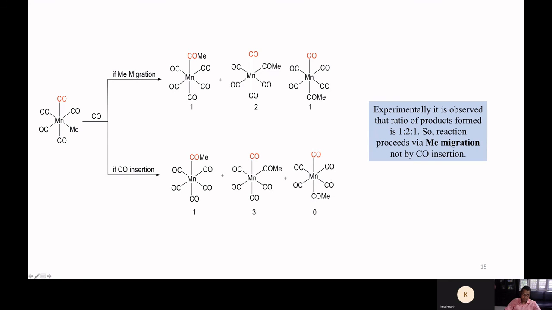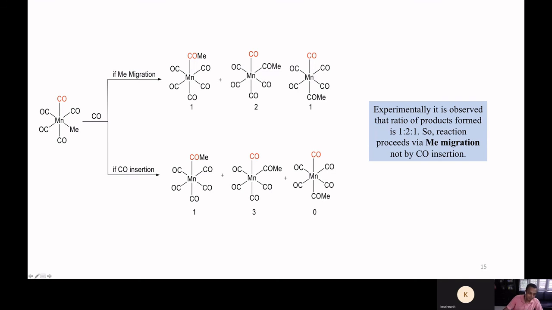It's exactly the same, because the vacant position created by methyl upon migration will be taken up by CO. Methyl can come to here, that's a new complex. Methyl can come to here, axial position, that's a new complex. So this happens if it is migrating. We are trying to answer whether this is happening or that is happening. Which one is happening, this one or that one?